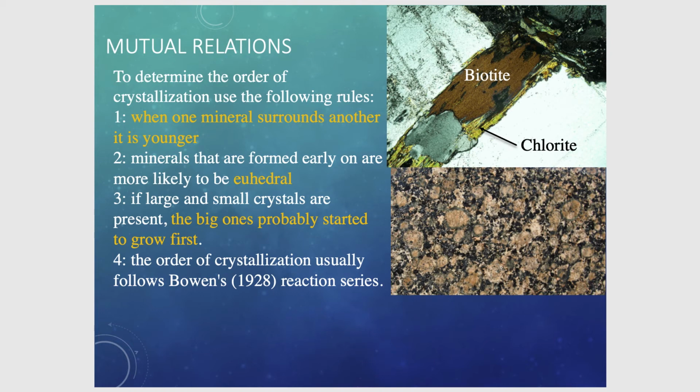Another important aspect in this case are the overgrowths that you can recognize in some of these phenocrysts, which are a good indication of the evolution of the phase of crystallization in this particular granite.